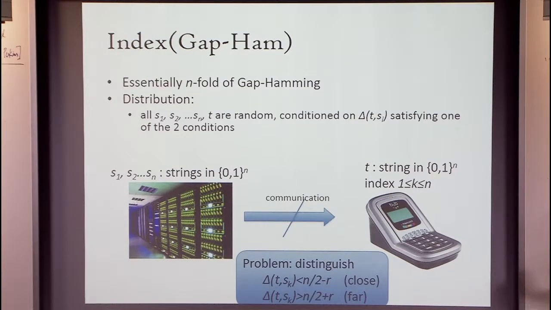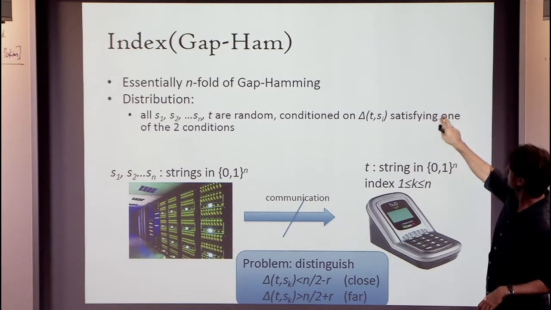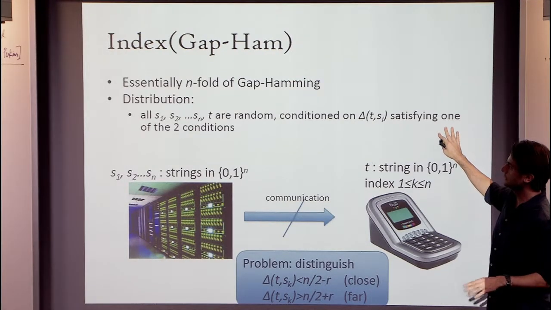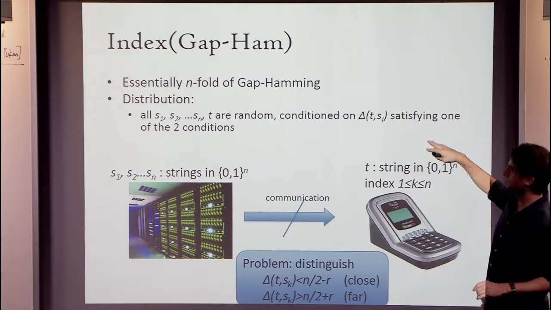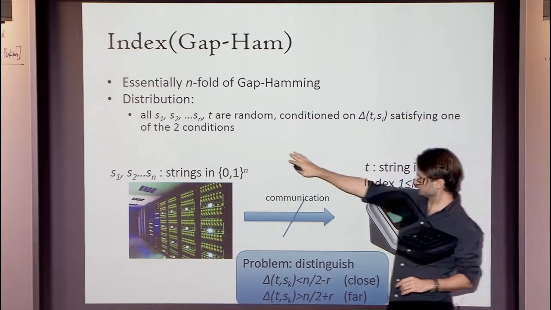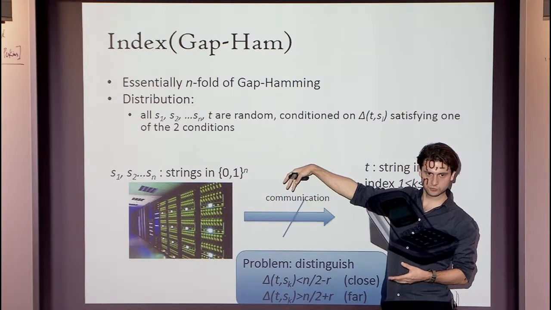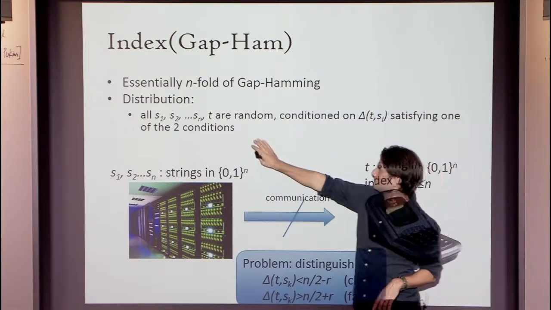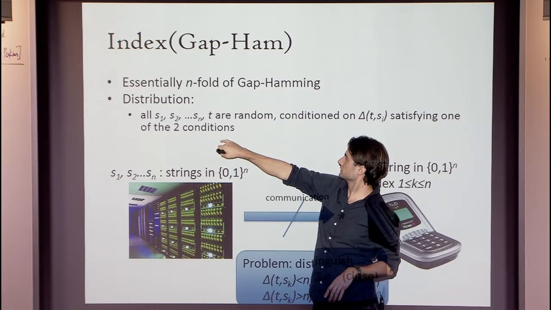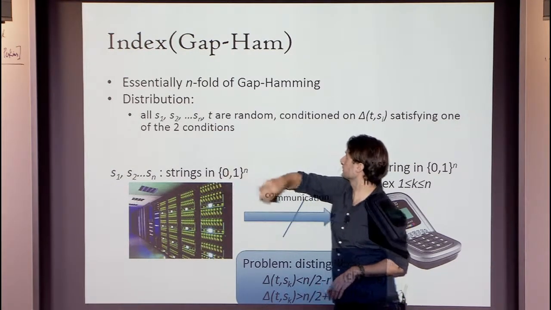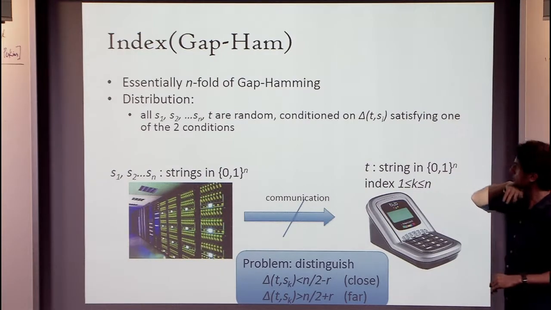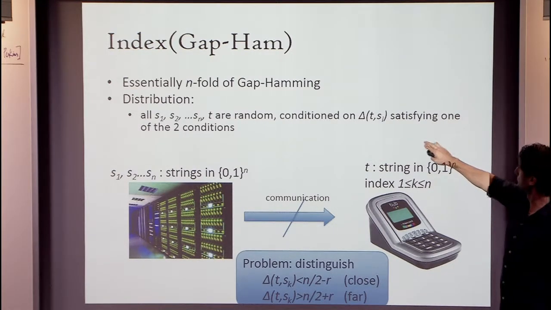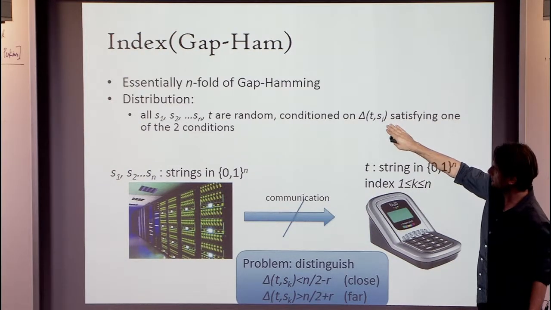There is one technical issue: there is a particular distribution. We need a lower bound for a particular distribution because we are later doing a reduction. In particular, the distribution is such that all these strings are random, conditioned on this delta satisfying one of the two conditions.